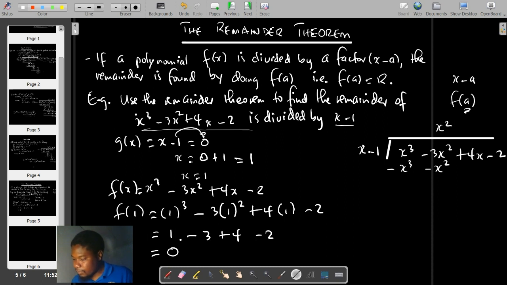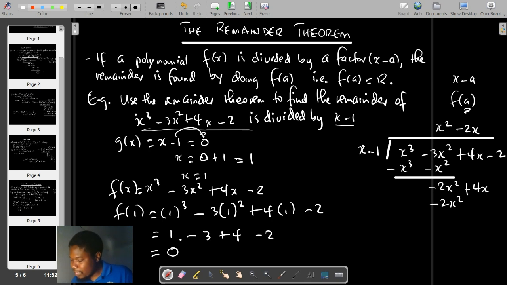Minus. Then x to the power 3 minus x to the power 3 gives us 0. Negative 3x squared minus negative x squared gives us negative 2x squared. We drop down 4x. x into negative 2x squared gives us negative 2x. Negative 2x times x is negative 2x squared.